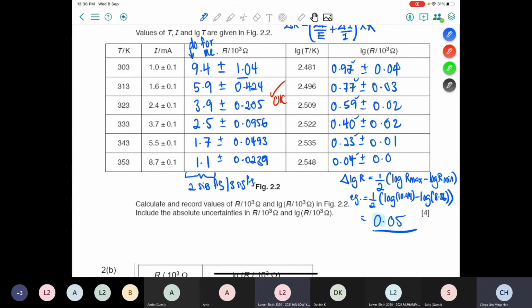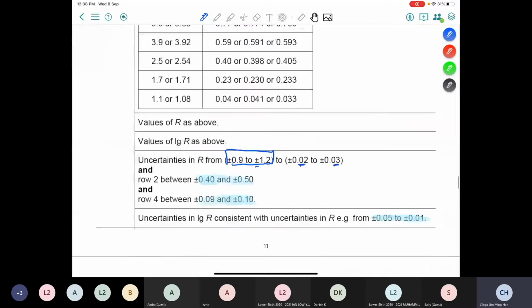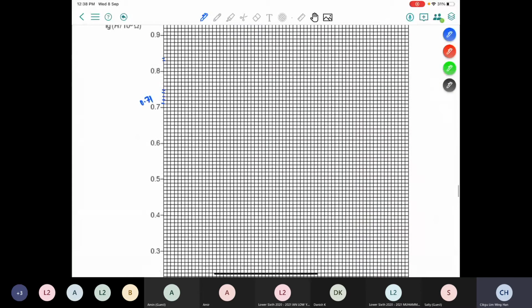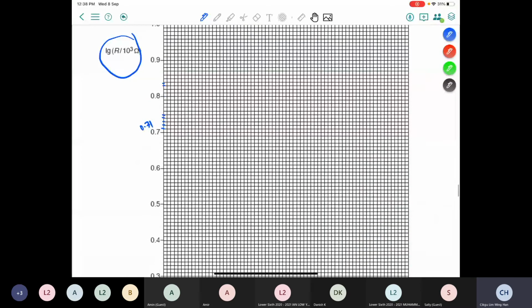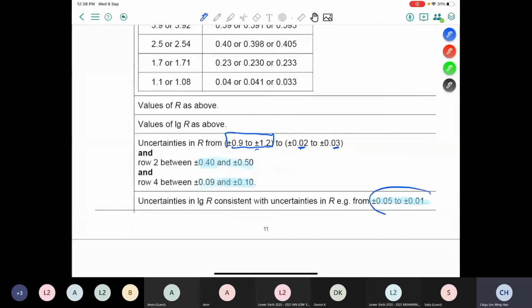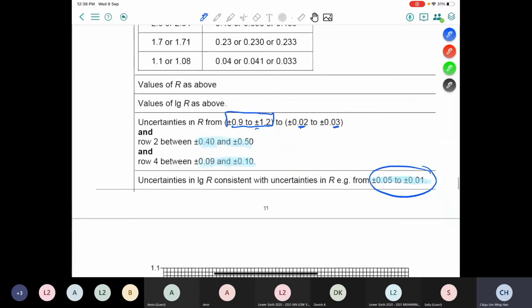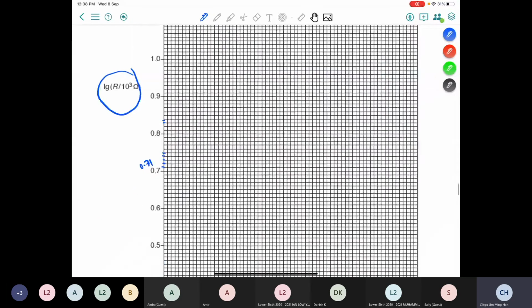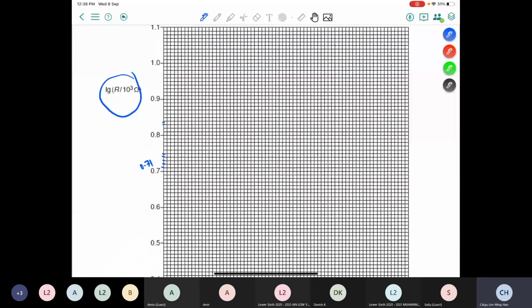And 0.01. Wow, if this is your case, your graph will be crazy, because this is the log T, this is the log R. The biggest is 0.05, the smallest is 0.01. So if you look at the error bar, wow.